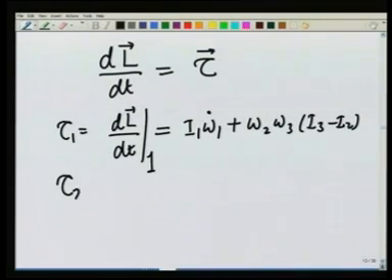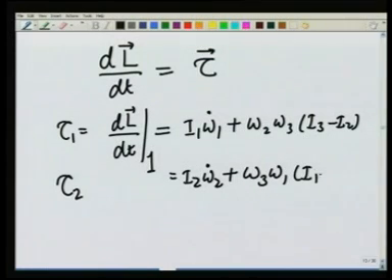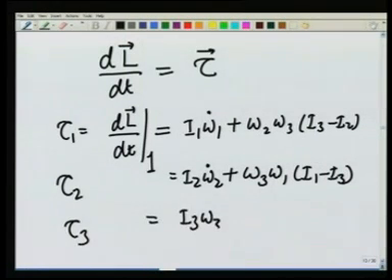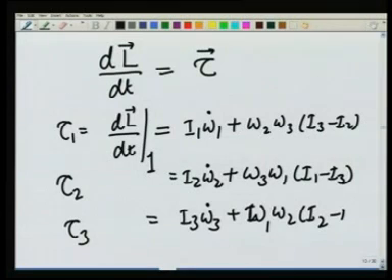Similarly, tau 2 comes out to be I2 omega 2 dot plus omega 3 omega 1 (I1 minus I3), and tau 3 comes out to be equal to I3 omega 3 dot plus omega 1 omega 2 (I2 minus I1).